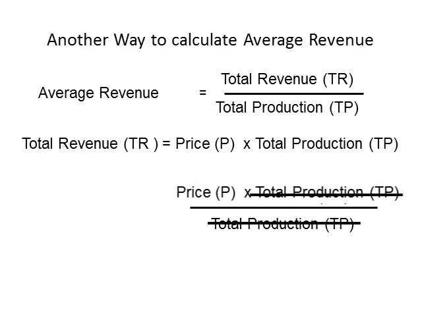Notice that total production appears in both the numerator and the denominator, or on the top and on the bottom. Also notice that total production in the numerator is connected to the price by multiplication. If that is the case, we can just cross out total production both on the top in the numerator and on the bottom in the denominator. This means that average total revenue is equal to the price of the product.